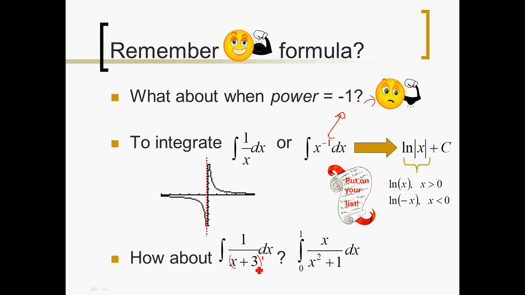So when I look at this, I'm going to do this problem over here. If u is x plus 3, du is just 1 dx, right?